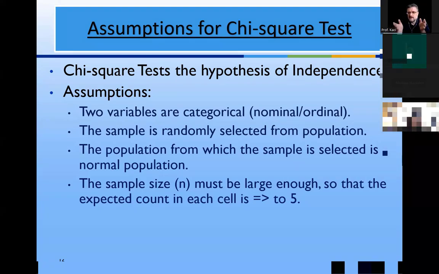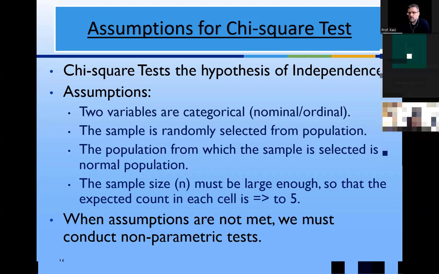So if you have 10 cells, each cell should be equal or more or greater than 5. So 10 cells, you should have at least 50 sample size. Even more than 50, because some cells might have 7, some cells might have 10, and the other 2 will have 2 or 3. So the bigger the sample, the better it is to get a more accurate chi-square value.